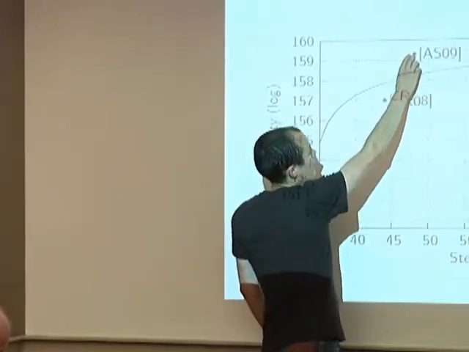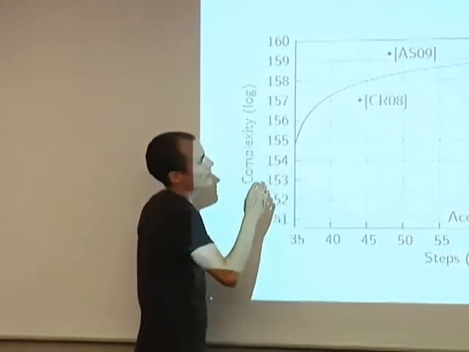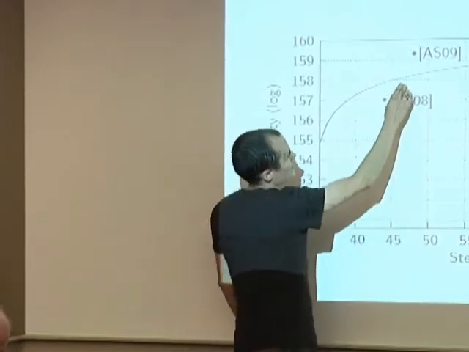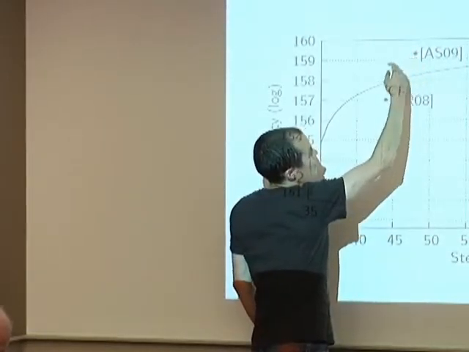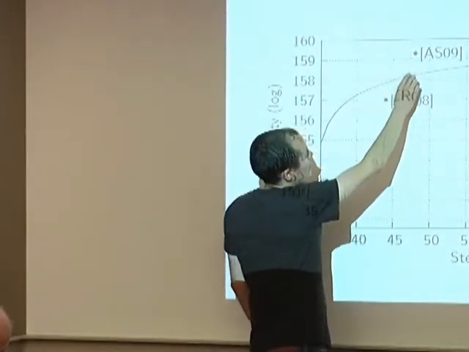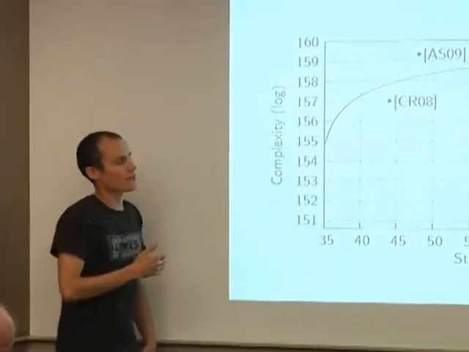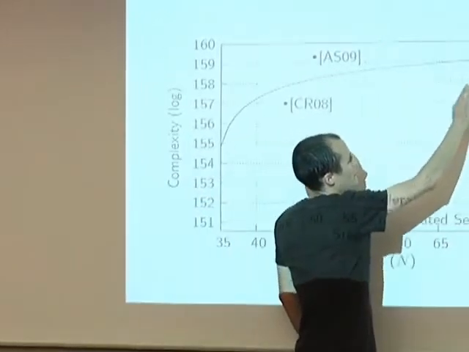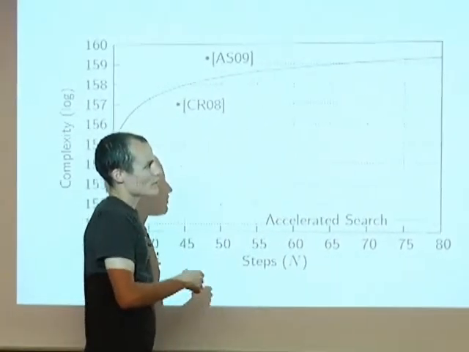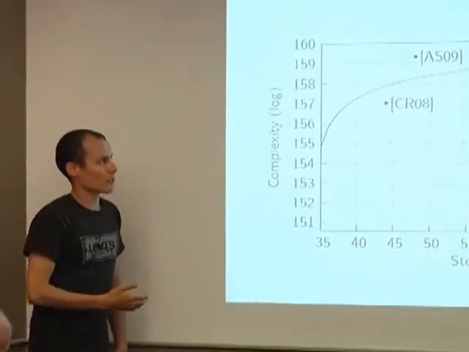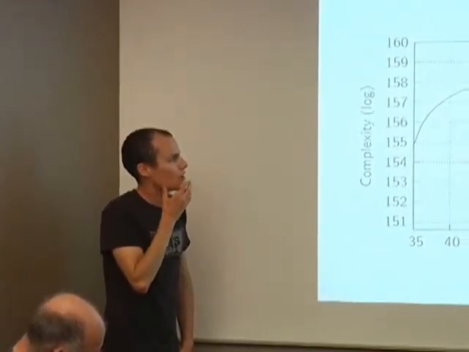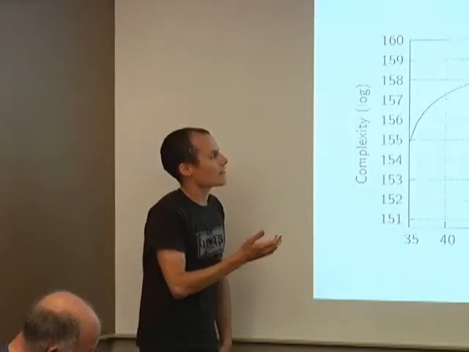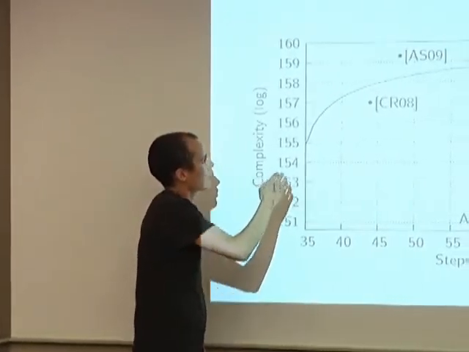And this is the result from Crypto 09 from Aoki and Sasaki, which worked for 48 steps. And you see that this is already slower than the accelerated search that we propose. And in fact, it has exactly the same complexity as when you do it with accelerated search for the full number of rounds.